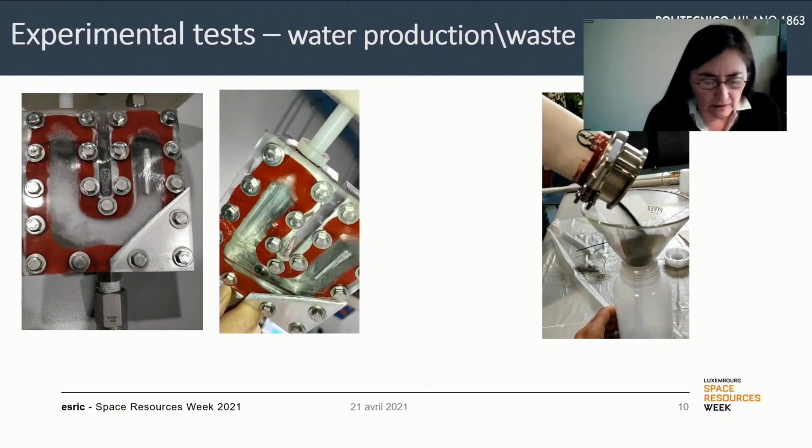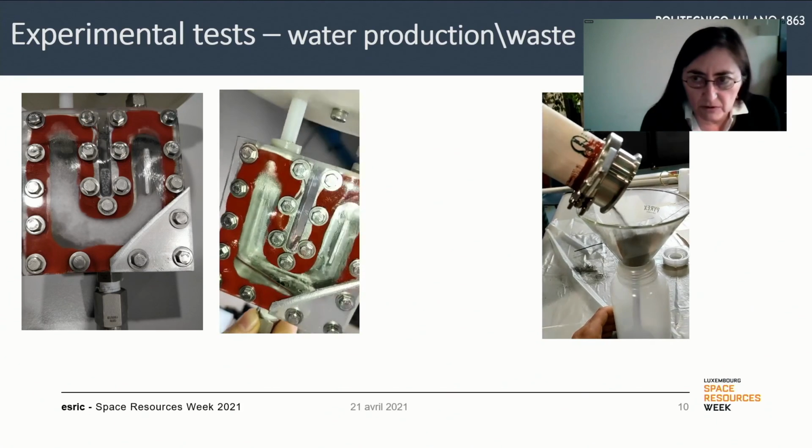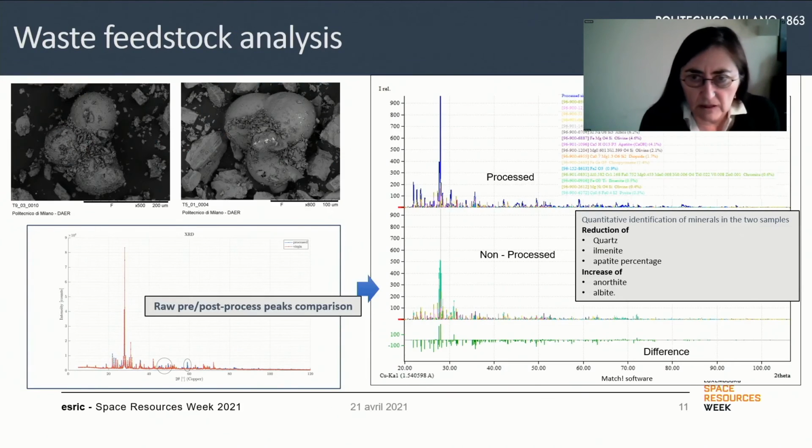That was a very nice result from our point of view with the temperature that we adopted. We also analyzed the feedstock afterwards to have a trace; we still have to analyze more with respect to what has been attacked and what didn't change. Of course, we have the bubbles, as you already showed in the talks before, because of the temperature and because of the silicon we have in.